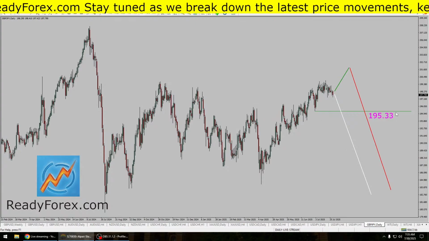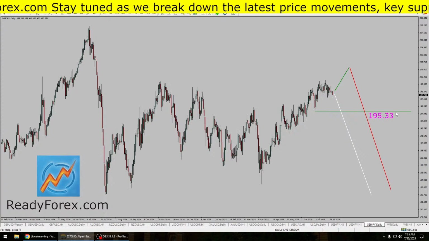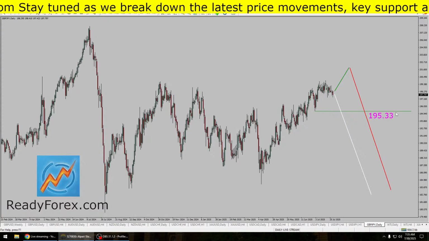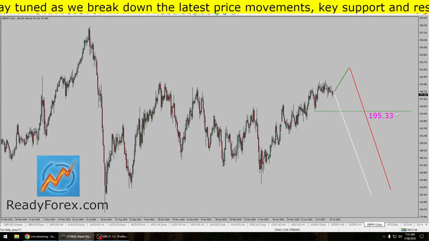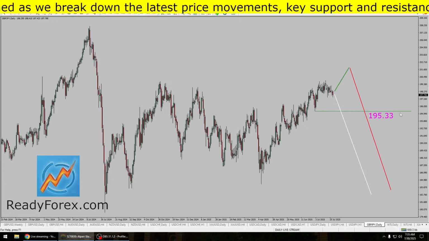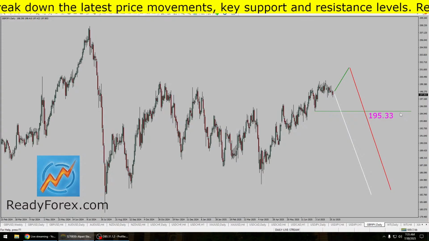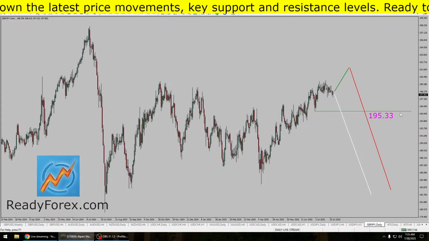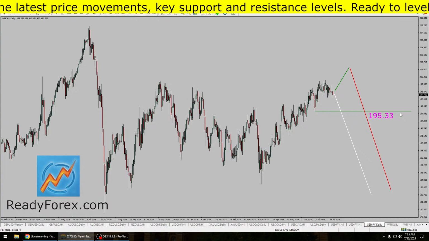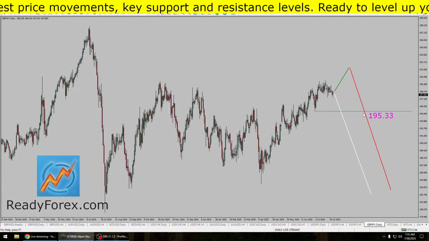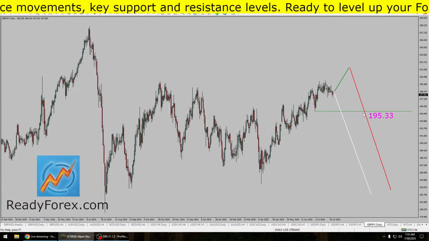The level you should watch out for is the 195.33 area. If price action breaks below 195.33, then we could say with high probability that the uptrend is over inside GBPJPY. So that's the forecast for the pound versus Japanese yen.